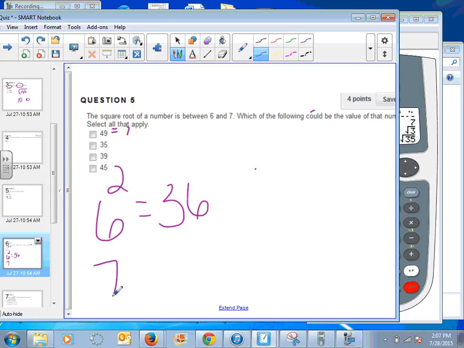And 7 squared is 49. So what we're looking for is something between 36 and 49. The only two between 36 and 49 are 39 and 45.